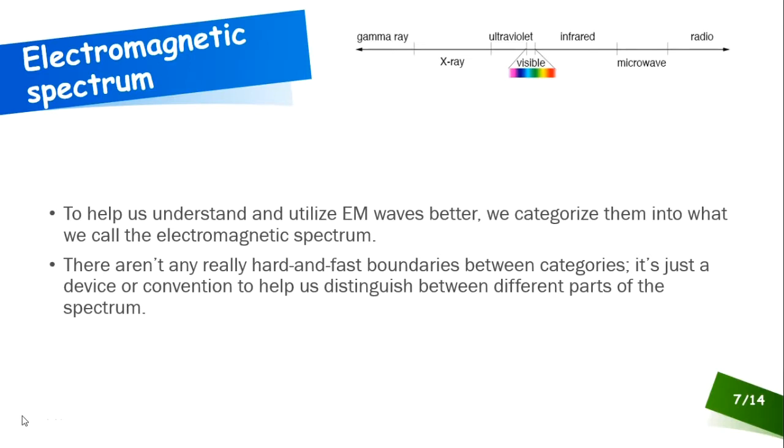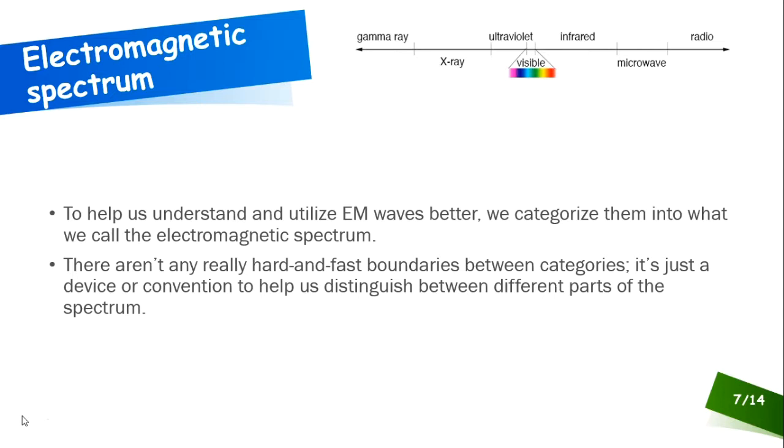To help us understand the different types of EM waves better, we categorize them in what's called the electromagnetic spectrum. And there's not really any hard and fast boundaries between categories. It's more like it's kind of fuzzy. It's like this part of the spectrum is for gamma rays, and this part is for X rays, and this part is for ultraviolet.